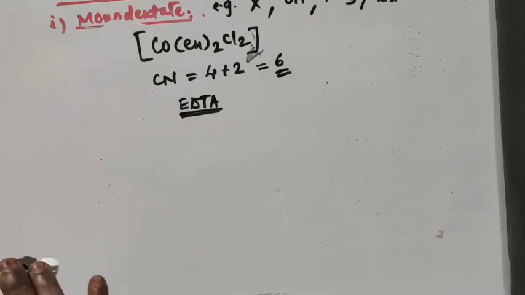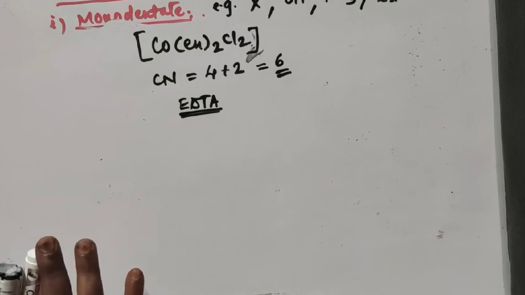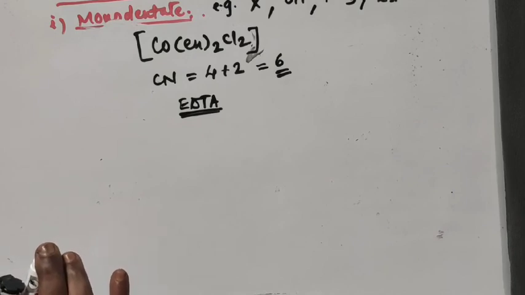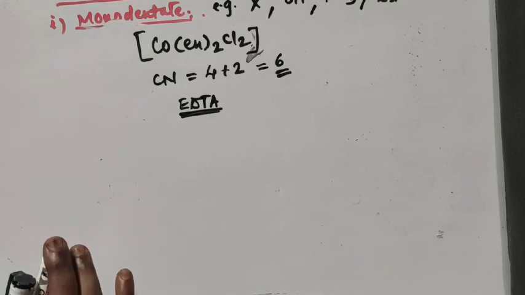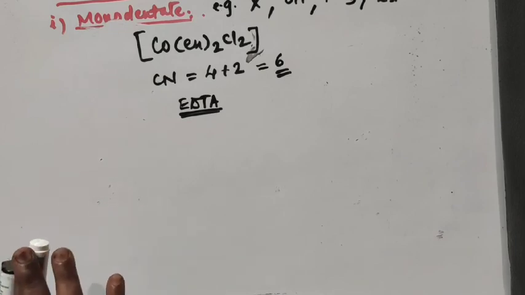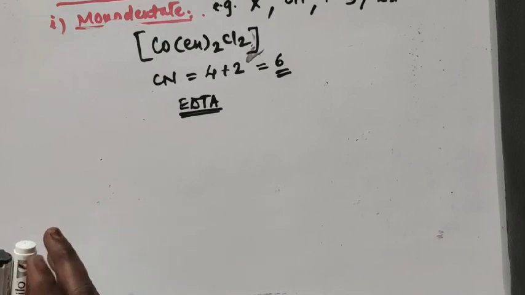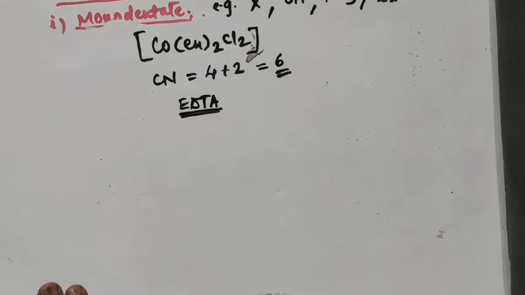Then polydentate ligands, either bidentate or tridentate or hexadentate. In bidentate we have seen 3 examples: en, ethylene diamine, where 2 nitrogen atoms can donate a lone pair of electrons. Then oxalato ion, in which 2 oxygen atoms having negative charge can donate a lone pair of electrons, so this is didentate.